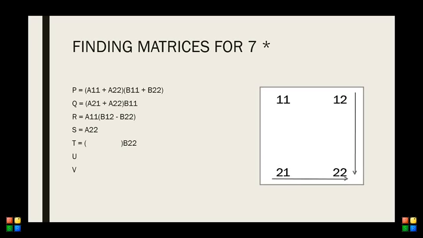Now S is still b, so I will consider the vertical line, but now in the opposite direction: 21, 11. So I'll get b21 minus b11. Similarly, for the remaining line I need not take the opposite direction, since it is addition.